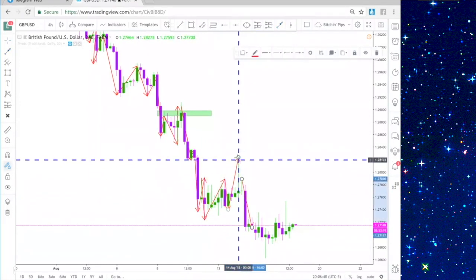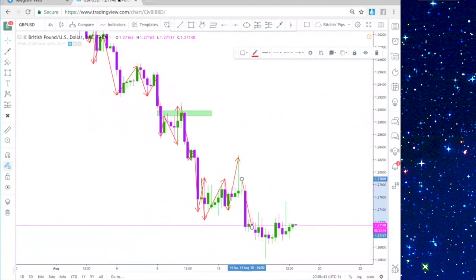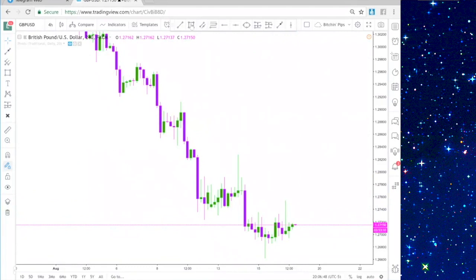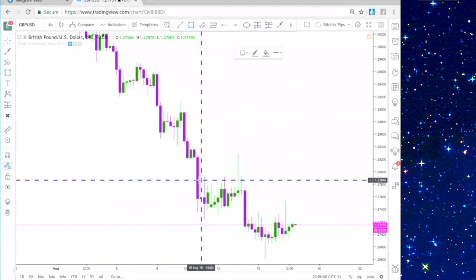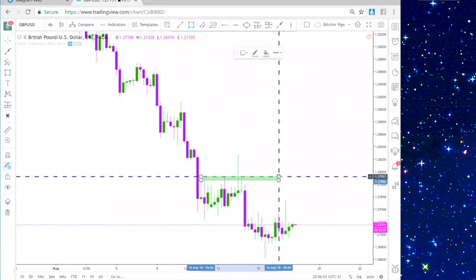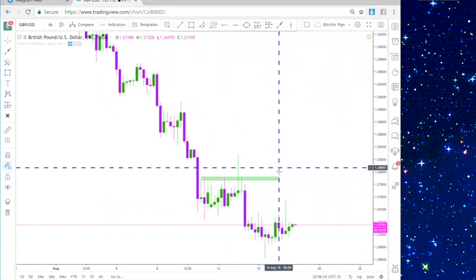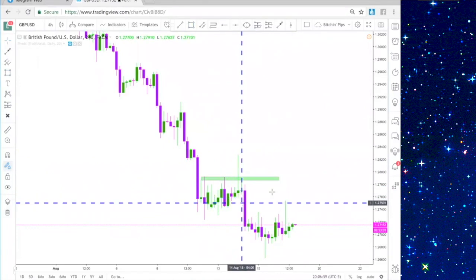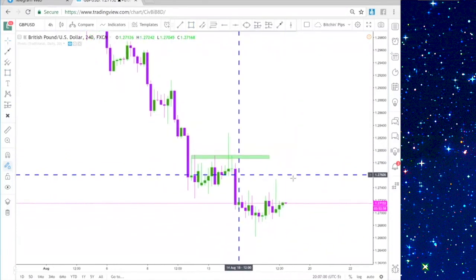Our structural update was here. Let me delete these arrows so I can get these off my screen. Our structural update in this area was here, and the whole time, structure never broke. She came past it, but she never broke it. And here we are, still down here.